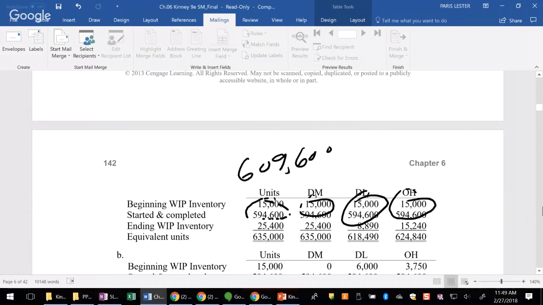All right, then when you do the ending work in process, now these together are CC, but they have different percents this time. So now see if you can do B part for FIFO for the same problem.